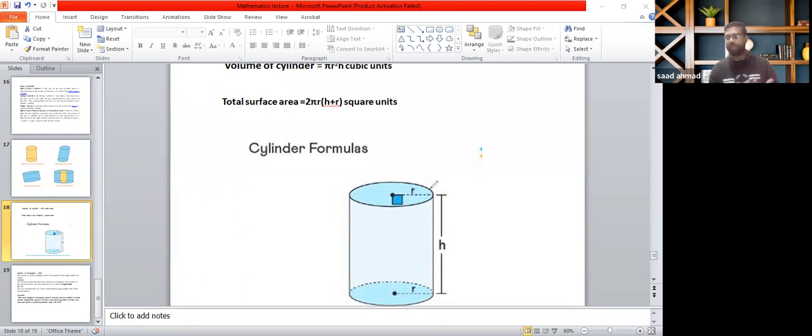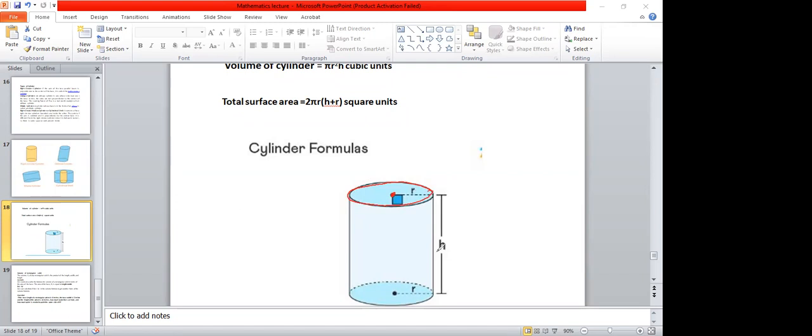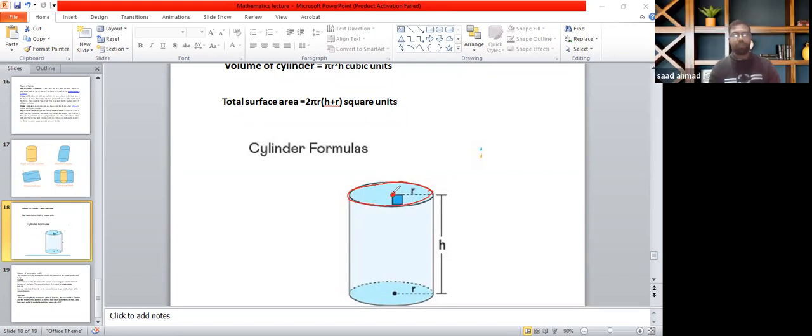So if we know the area of the thing on the top, which is a circle, the area is pi r squared, pi times the radius squared.